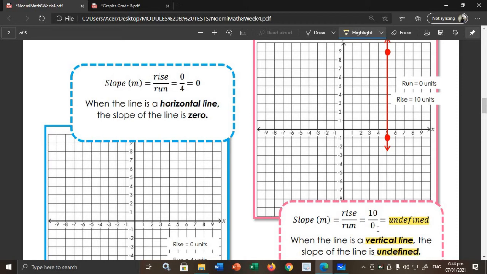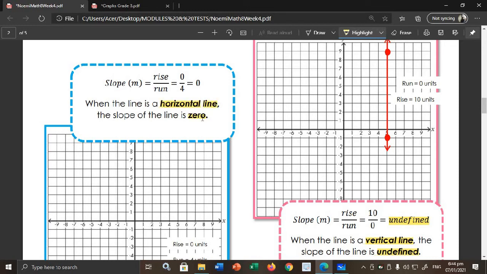So, kanina yung run yung equal sa 0 and the slope will be undefined. The line is a vertical line. Kapag naman yung rise yung equal to 0, like this example, so we have 0 over 4, that is equivalent to 0. The slope is 0, therefore, you can conclude that the line is a horizontal line naman if you will get a 0 slope.